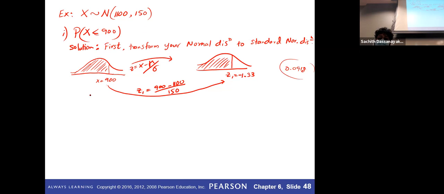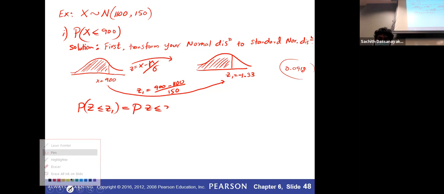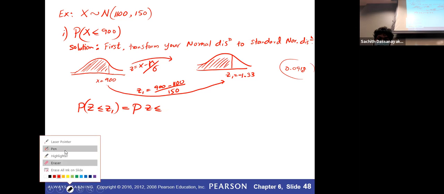This means this area: the probability of C less than or equal to C1, equals the probability of capital C less than or equal to negative 1.33, since C1 is this negative value.